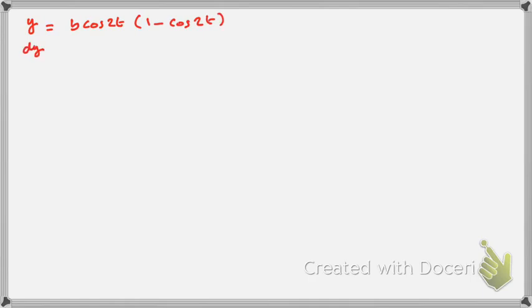Okay. Now I'm going to copy my y and do dy by dt. So that's my y. When I do dy by dt, again product rule, I'm going to keep this b outside as a coefficient. Now my first function u is cos 2t.